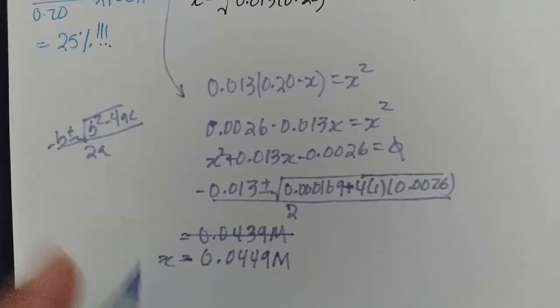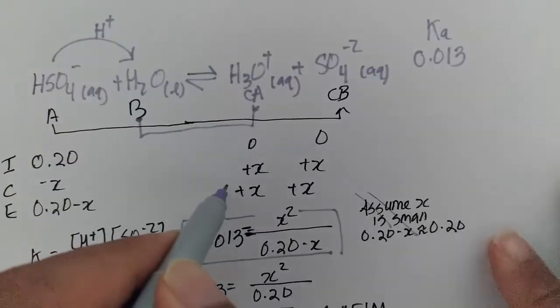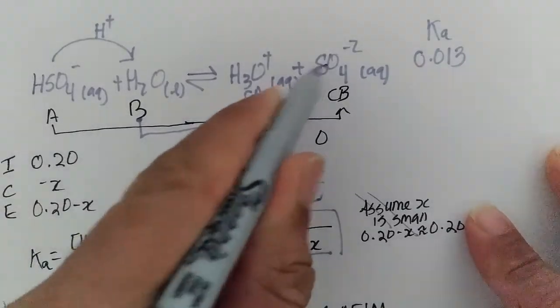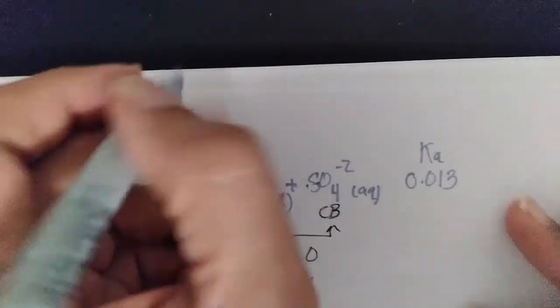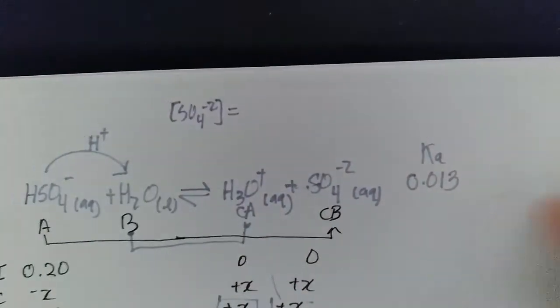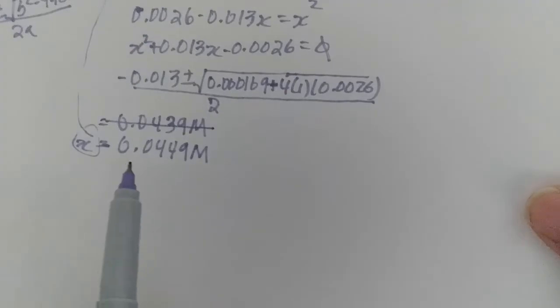So what is x here? x is nothing more than our concentration of H3O+ as well as our concentration of sulfate ion. So the concentration at the end of the day of sulfate ion will be x. Here we had to use a quadratic because the ionization assumption didn't work.